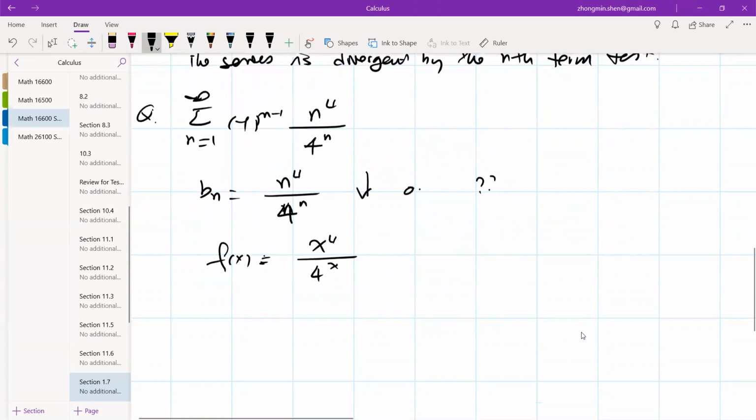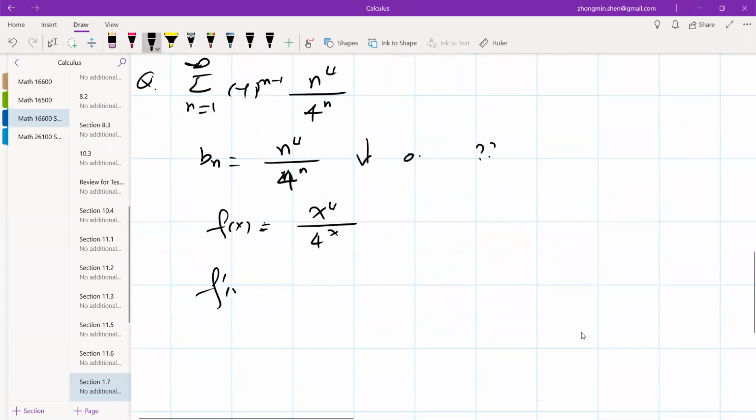So we have to differentiate. Then 4 to the x times 4x cubed minus x to the 4th times the derivative of 4 to the x, which is 4 to the x natural log of 4.